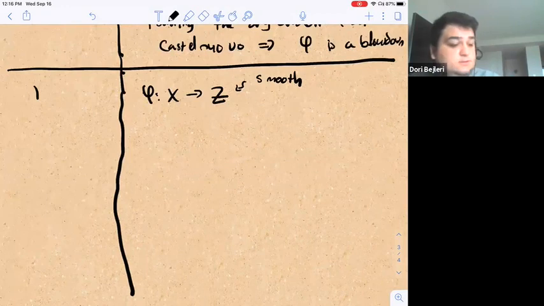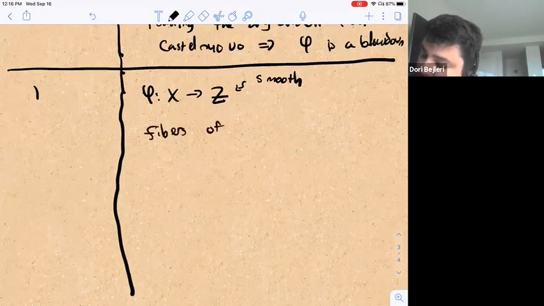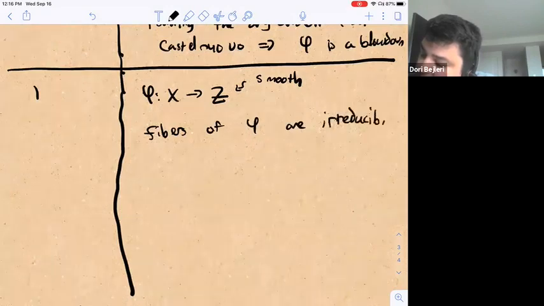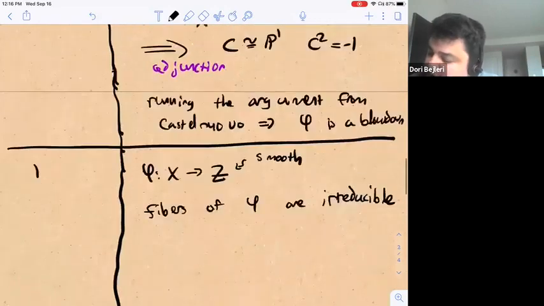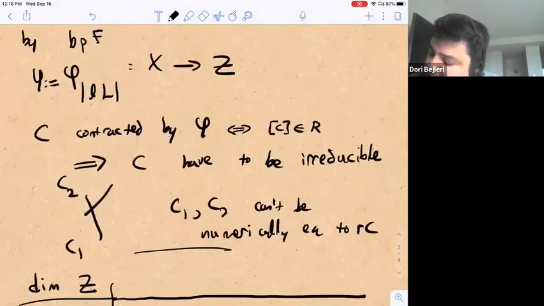And so if we look at the fibers here, they're irreducible, kind of from this picture up here.